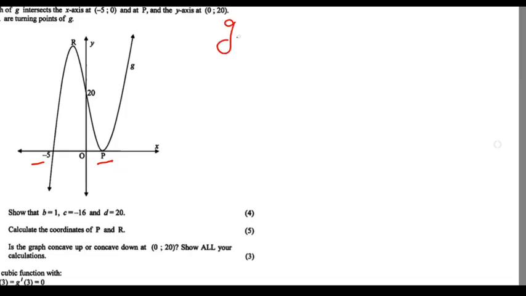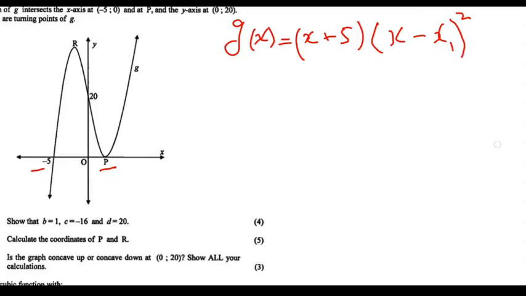So this is the root form. g of x is equal to x plus 5, and since P is positive, we write x minus x1 squared because we count it as twice. Now in root form we always substitute a point on the graph.